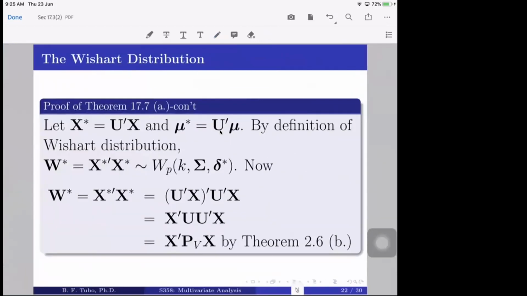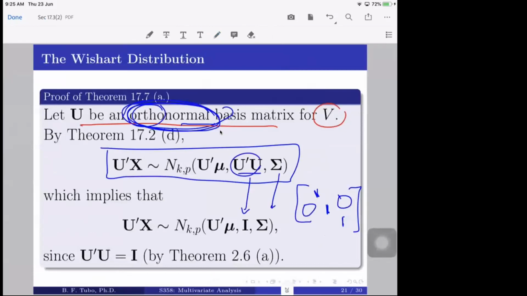So our X star is U prime X. It follows that mu star is U prime mu. Okay, so by definition of V, we have to satisfy that our X star is normally distributed.